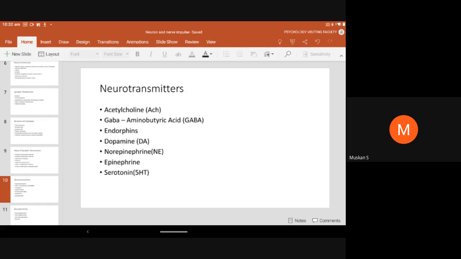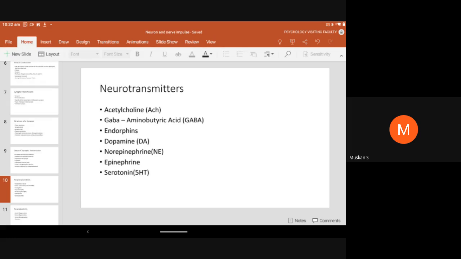So this is very important for short questions as well as for long questions. So number one, it is the acetylcholine, that the function is the effects of movement, maybe the learning, memory, and the sleep, REM sleep conduction, and the GABA, that is the gamma-aminobutyric acid.